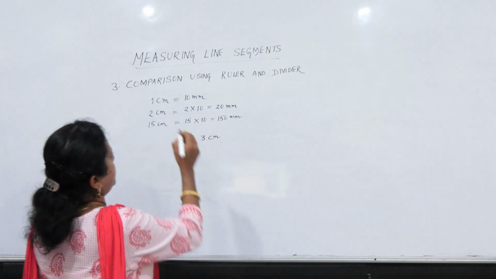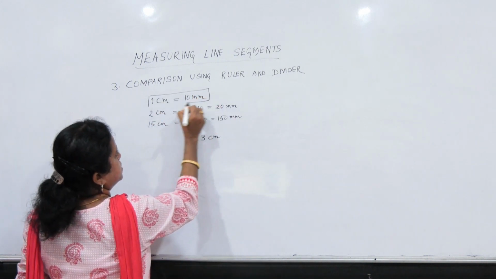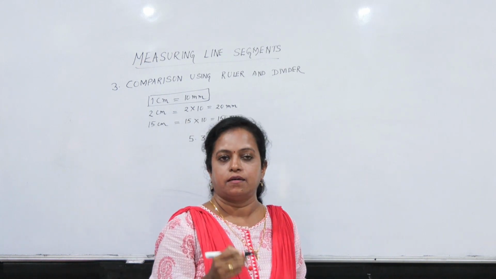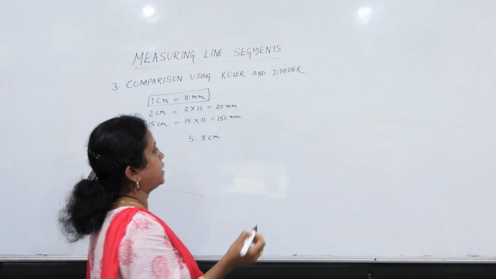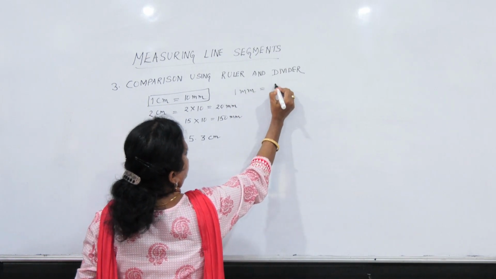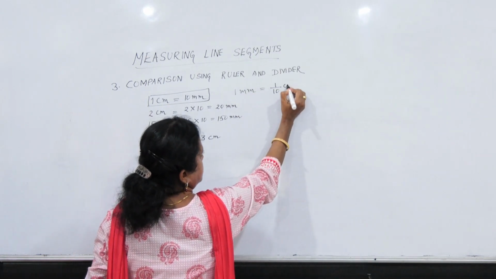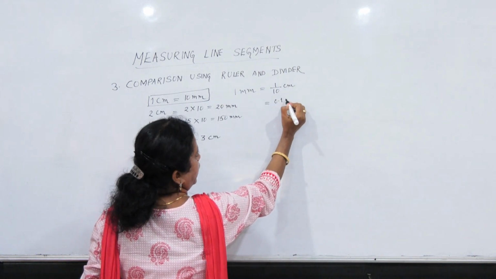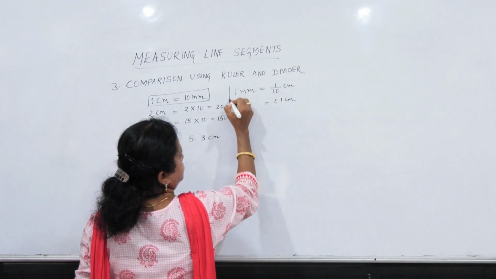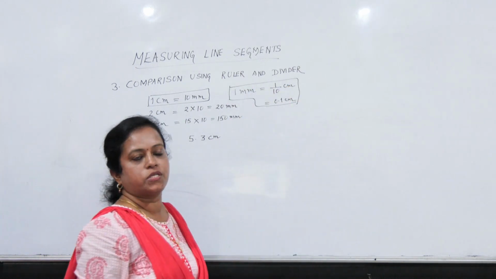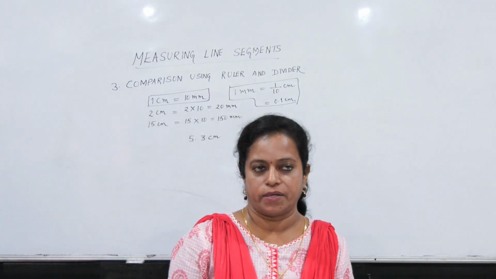यहाँ पे मैंने दिखाया है कि 1 centimeter 10 millimeter होगा. तो अगर मुझे 1 millimeter को सेंटीमीटर में कन्वर्ट करना है, कैसे करेंगे? 1 millimeter will be equal to 1 by 10 centimeter. 1 by 10, that is 0.1 centimeter. These are the two conversions that you should know while you are using your ruler of the geometry box.